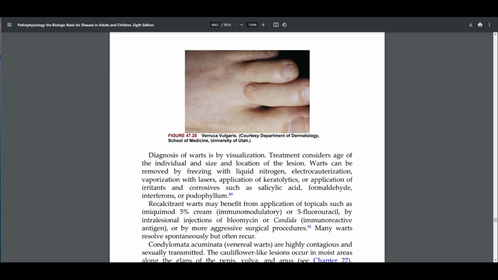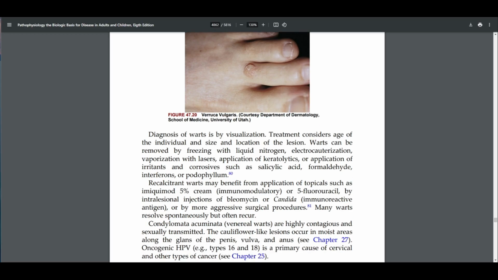Recalcitrant warts may benefit from application of topicals, such as imiquimod 5% cream or 5-fluorouracil, by intralesional injections of bleomycin or candida, or by more aggressive surgical procedures. Many warts resolve spontaneously, but often can reoccur.